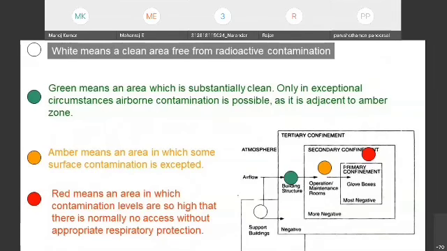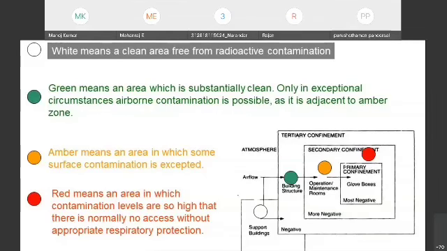Next is the green area. The green area is also an area which is substantially clean. Only in exceptional circumstances is airborne contamination possible, as it is adjacent to the amber zone. Since it is next to the amber zone, in case of an accidental situation, air comes from there and it will get contaminated. For this reason we have a green zone.